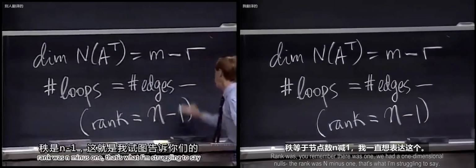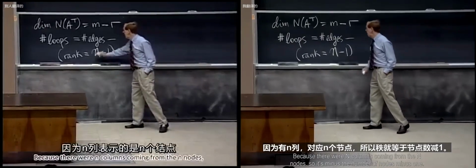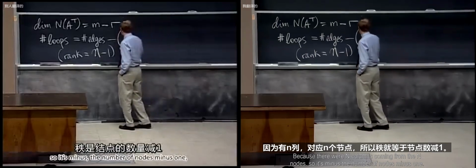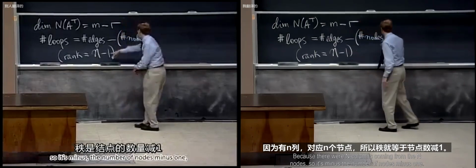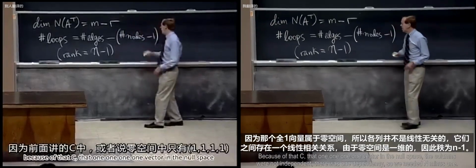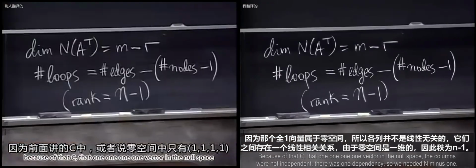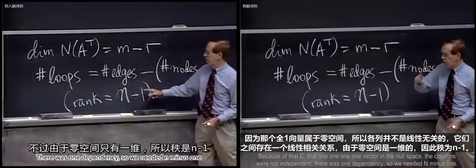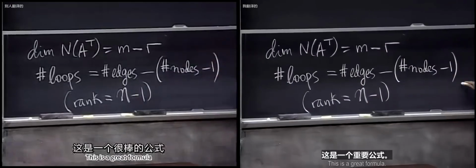That's what I'm struggling to say. Because there were n columns coming from the n nodes. So it's the number of nodes minus 1. Because of that 1, 1, 1, 1 vector in the null space, the columns were not independent. There was one dependency, so we needed n minus 1. This is a great formula.